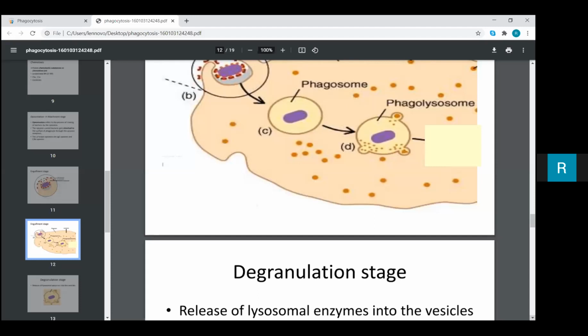There are certain bacteria like TB and Listeria monocytogenes that prevent phagolysosome function by causing acidification. They acidify the contents of that phagolysosome, rendering it useless because the enzymes require an alkaline, raised pH. And that is how they escape the immune system.